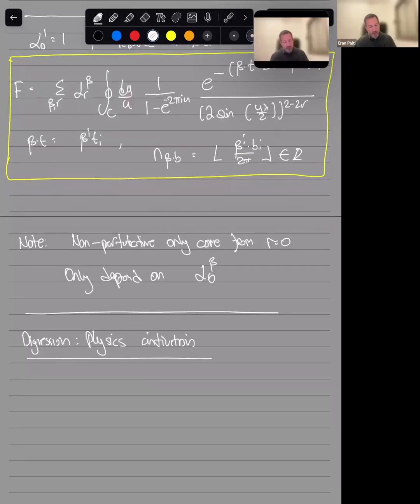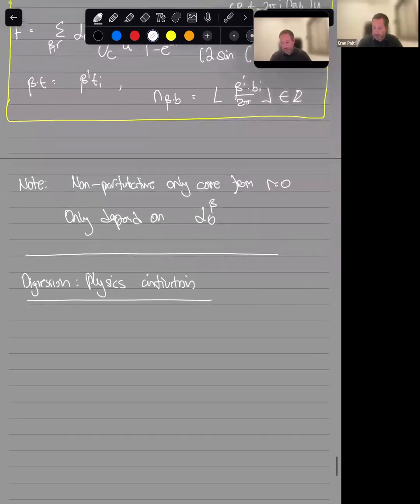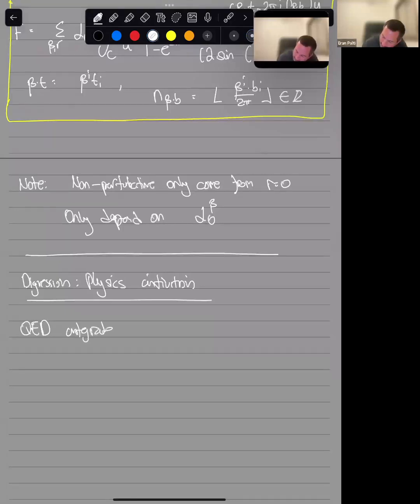We can go back. If you remember in the first lecture, I told you about essentially the first type of such calculation that was done, which was: you can take QED and integrate out the electron.